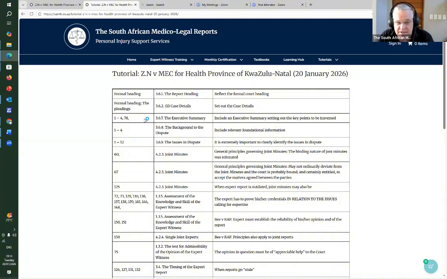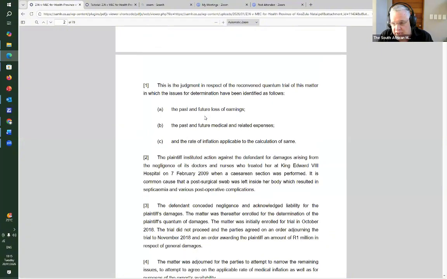What is the case about? And you can see the paragraph numbers referenced on the left-hand column there, and then the expert witness guide commentary on it. But you should set out the case details, and you should include an executive summary setting out the key points to be traversed. Now, what I mean by that, and you'll see from the judgment, is how the judge leads into the judgment, and the lessons to be learned here for writing an expert report.